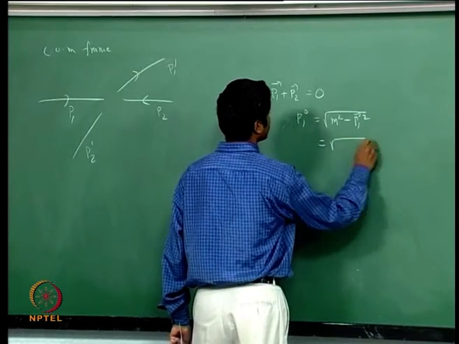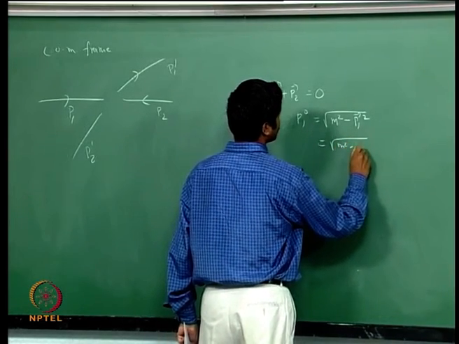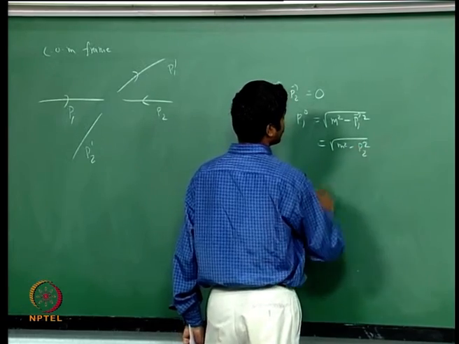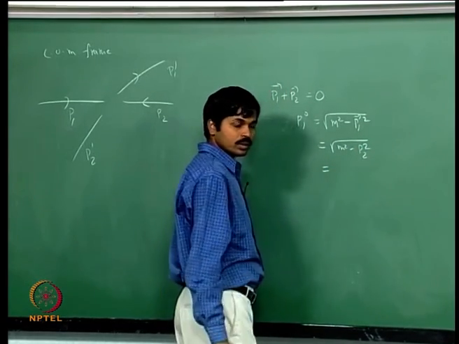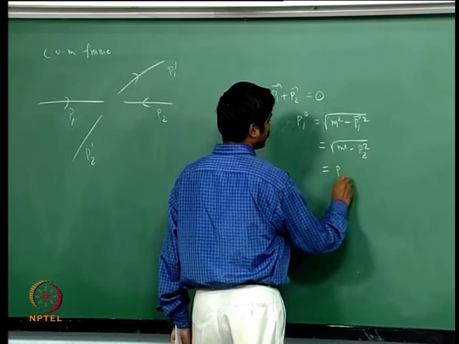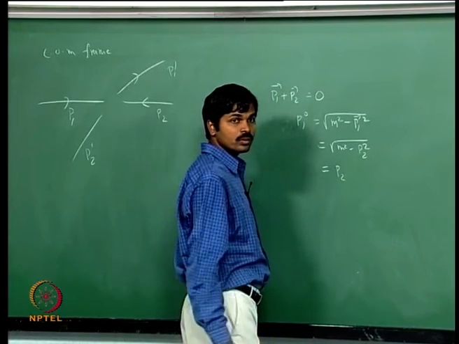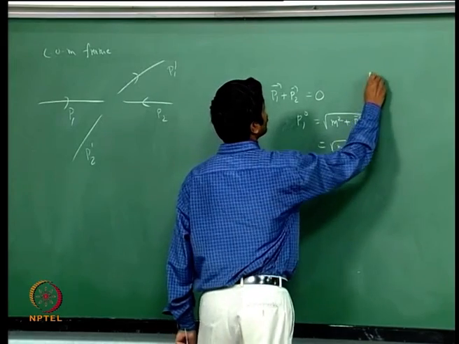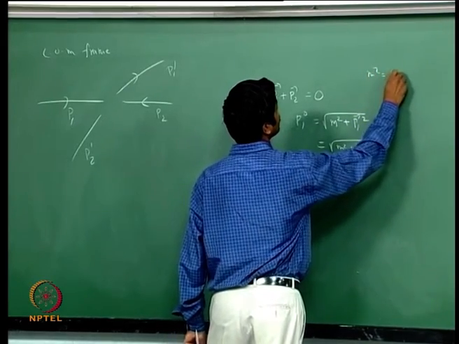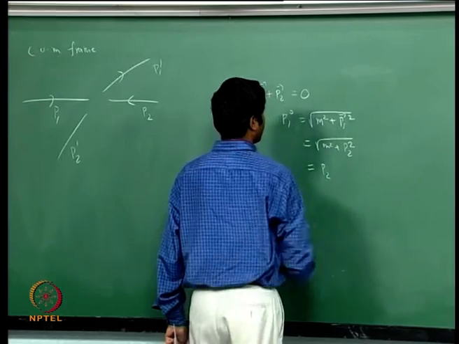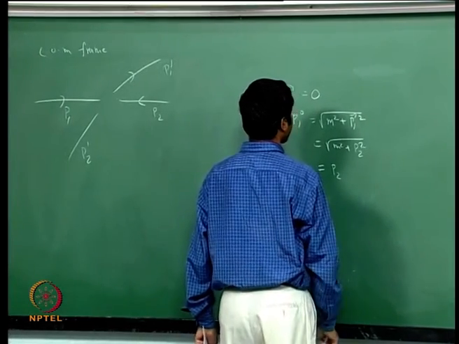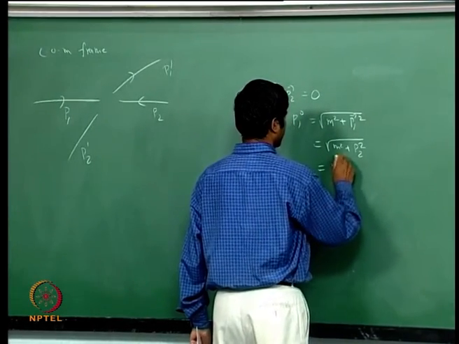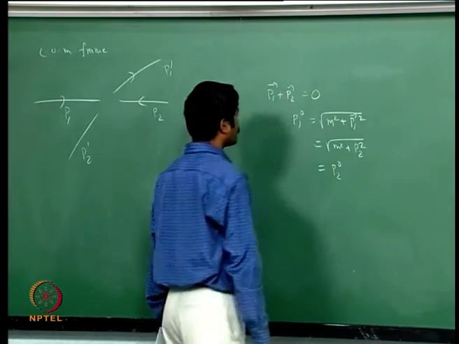So, this is m square minus P2 square, which gives you P2 0.